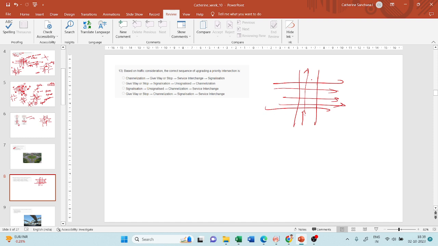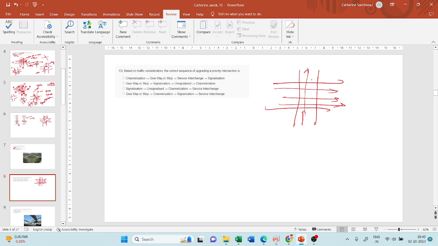So what are the ways by which you can improve a priority intersection? What is the sequence? Sequence as in how will you make it safer. So there are many ways for making this intersection a safe intersection, right?